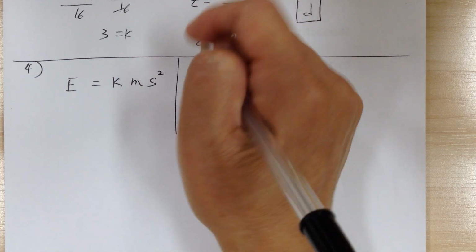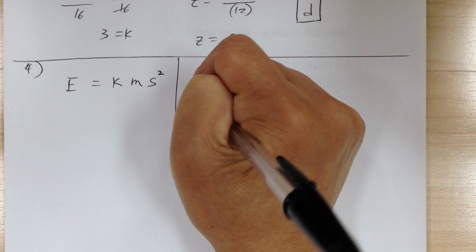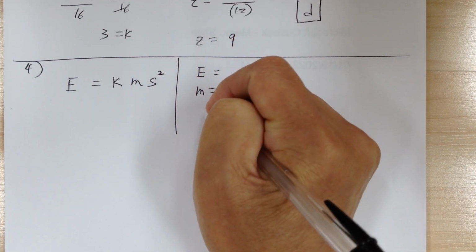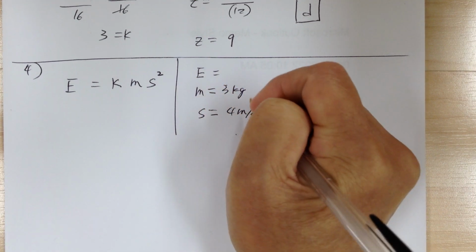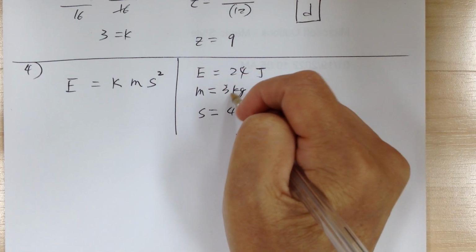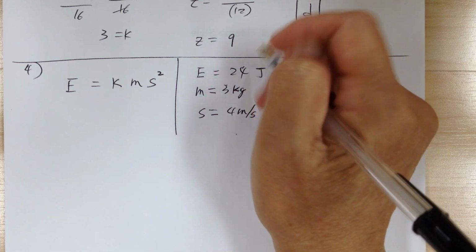It says the kinetic energy of an object with mass of 3 kilograms and speed of 4 meters per second is 24 joule. Okay, so energy for the mass of 3 kilograms and speed of 4 meters per second is 24 joule.